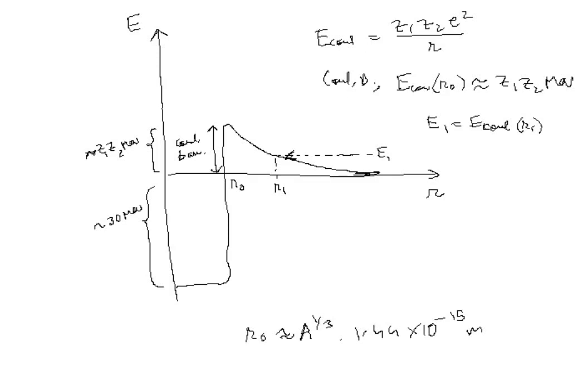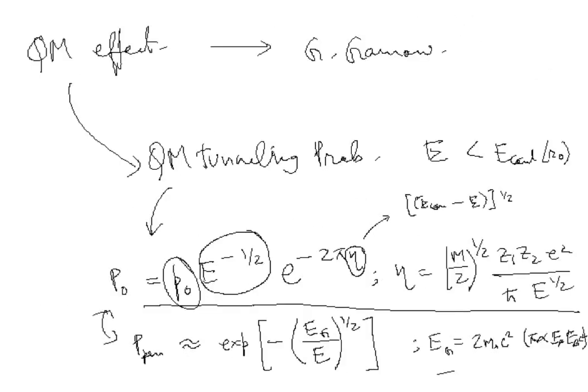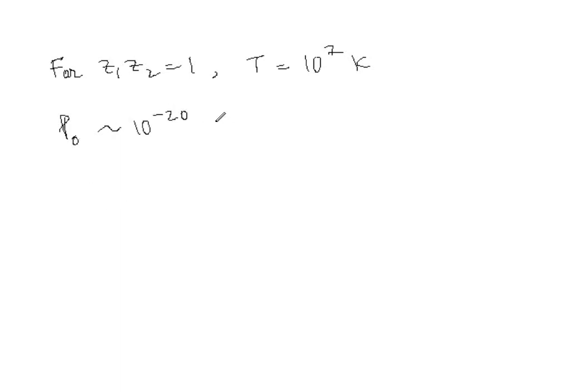Now let us do some number estimations. For Z1 Z2 equal to 1 and T equal to 10 to the power 7 Kelvin, P0 is of the order of 10 to the power minus 20 for particles of average kinetic energy E. And this steeply increases with energy and decreases with the product Z1 Z2.